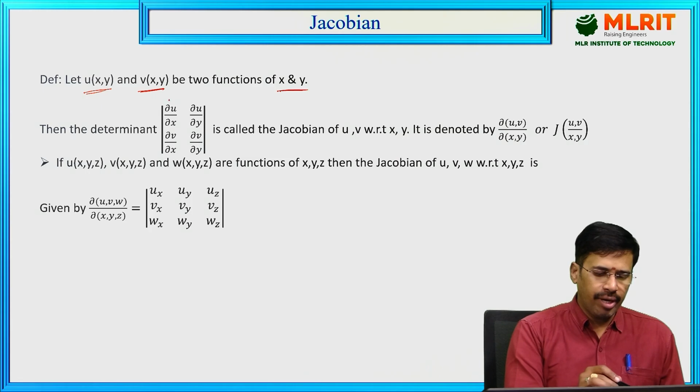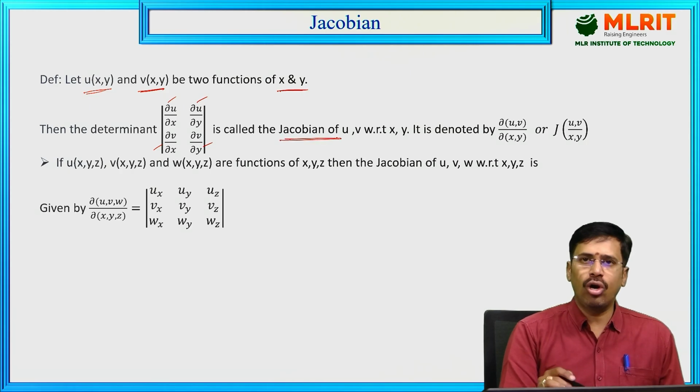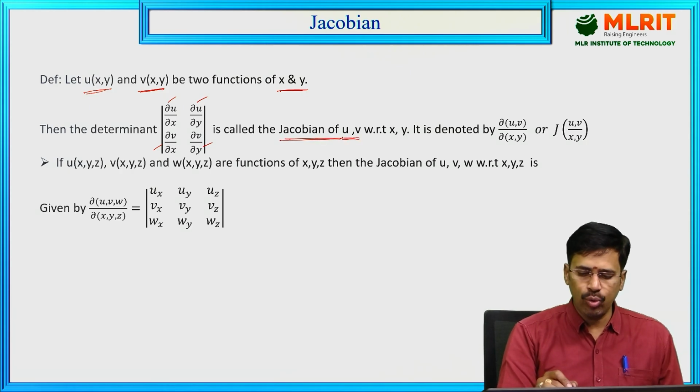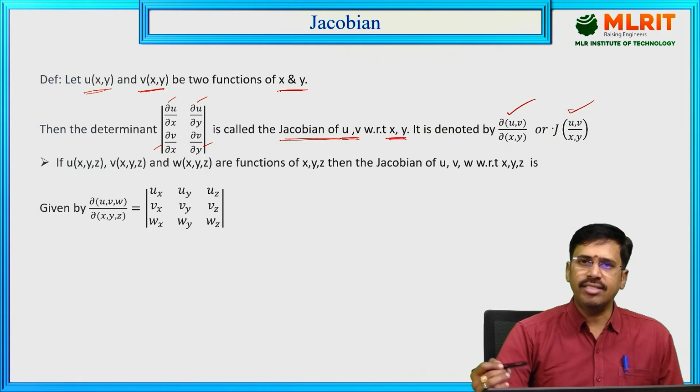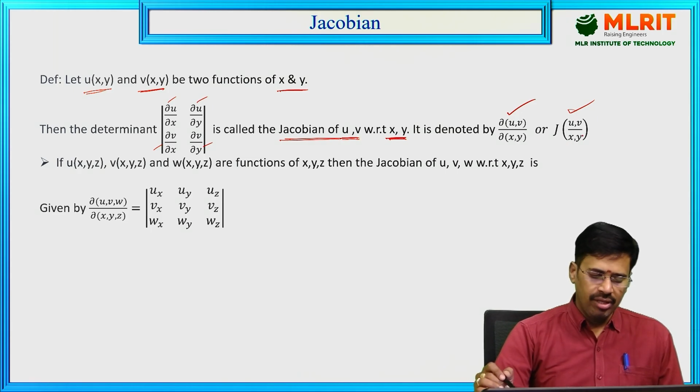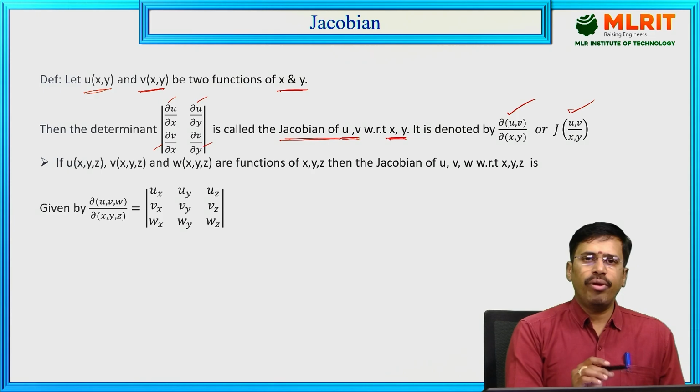Then the determinant of dou u by dou x, dou u by dou y, dou v by dou x, dou v by dou y is called the Jacobian of the two functions u and v with respect to the variables x and y, and it is denoted by dou of u comma v by dou of x comma y, or J, that is, the Jacobian of u comma v with respect to x comma y. This is the Jacobian of two functions.